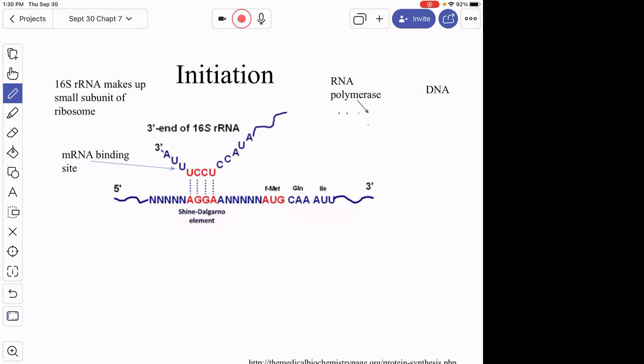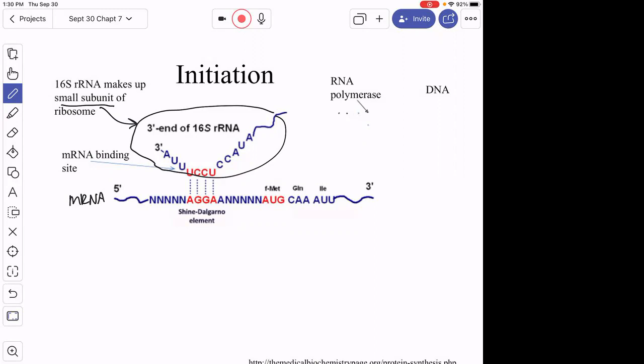First of all, orient yourself. This up here is actually showing the small subunit. Oftentimes in pictures the small subunit is drawn on the bottom and the large one on the top, but for whatever reason, they drew the small subunit on top. It's really important that the messenger RNA lines up at just the right spot on that ribosome.